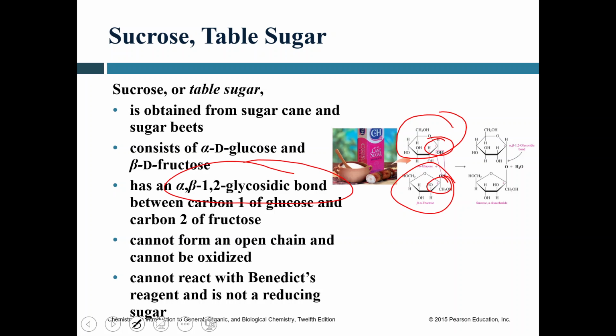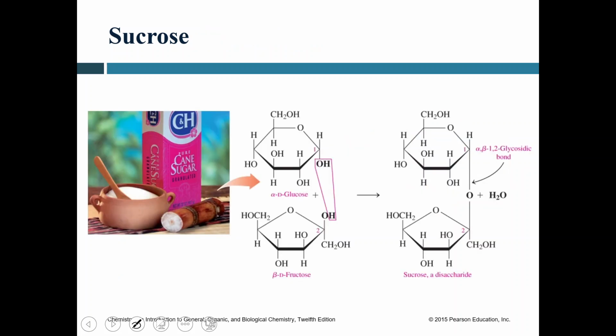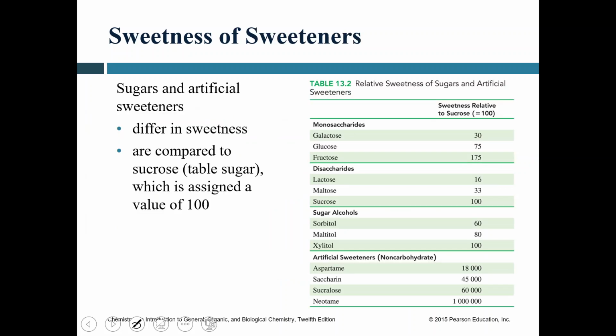This disaccharide cannot form an open chain, cannot be oxidized, cannot react with Benedict's reagent, and it is not a reducing sugar. So here you can see how alpha-D-glucose forms the alpha-beta 1,2 glycosidic bond with a beta-D-fructose. This is why it is alpha-beta 1,2 glycosidic.